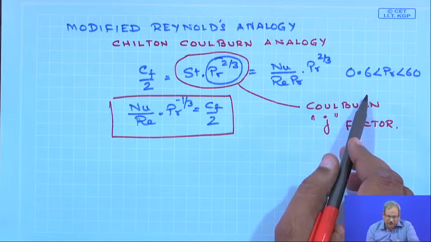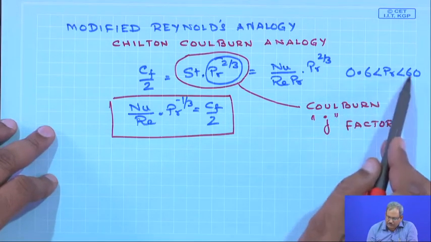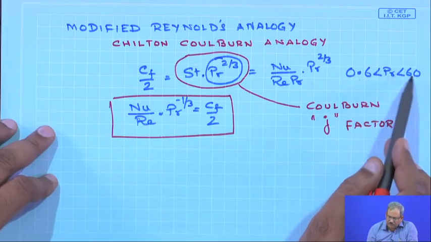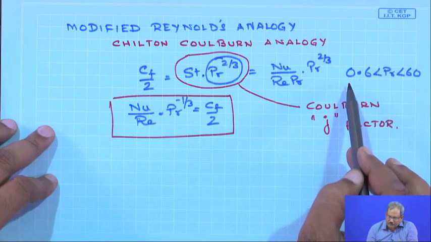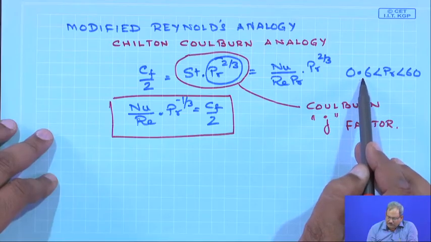extended in most real systems. Real fluids have Prandtl number in this range, except for heavy oils, which have Prandtl number more than 60, and the other extreme is liquid metals, which have Prandtl number way below 0.6.